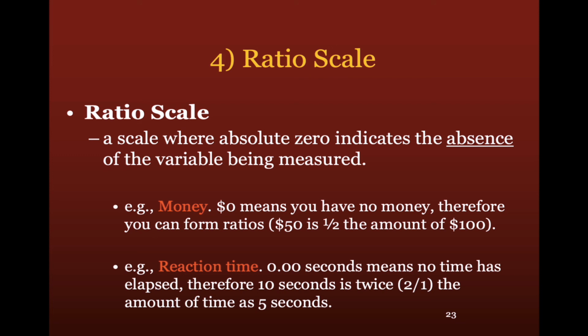So if one person has $50 and the other person has $100, you can now say it's a 1-to-2 ratio. The first person has half of what the other person has, right? Because you can form that ratio, that helps you understand that you have a ratio scale. So the key difference between a ratio scale and an interval scale is that for a ratio scale, 0 means the absence of what you're measuring.